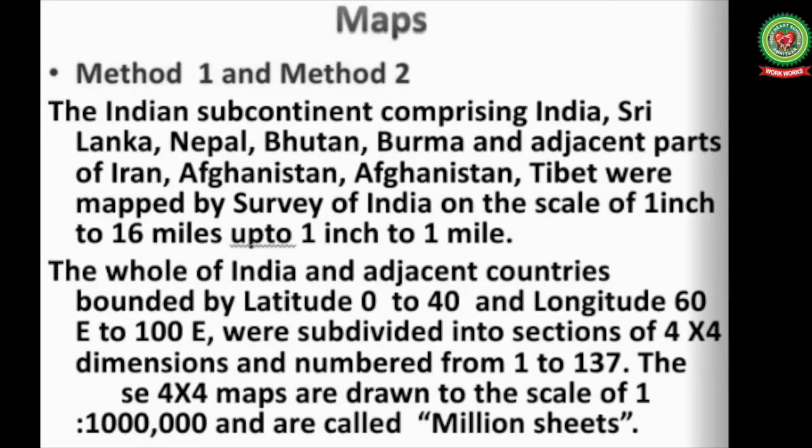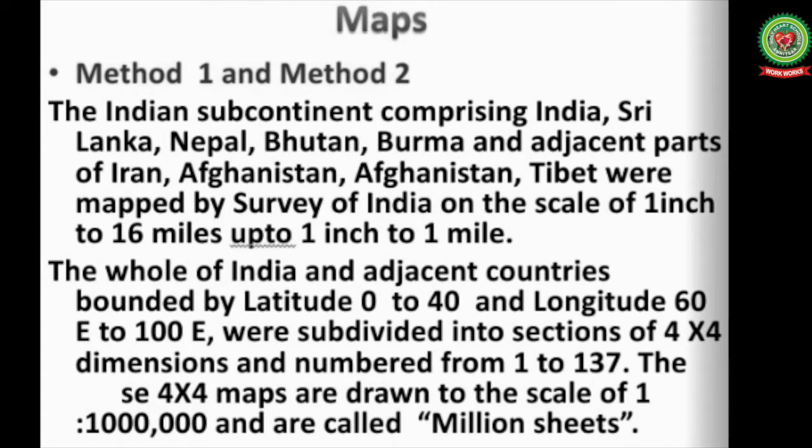Now let us study the interpretation of topographical maps through method 1 and method 2. Method 1. The Indian subcontinent comprising India, Sri Lanka, Nepal, Bhutan, Burma and adjacent parts of Iran, Afghanistan, Tibet were mapped by Survey of India on the scale of 1 inch to 16 miles up to 1 inch to 1 mile.